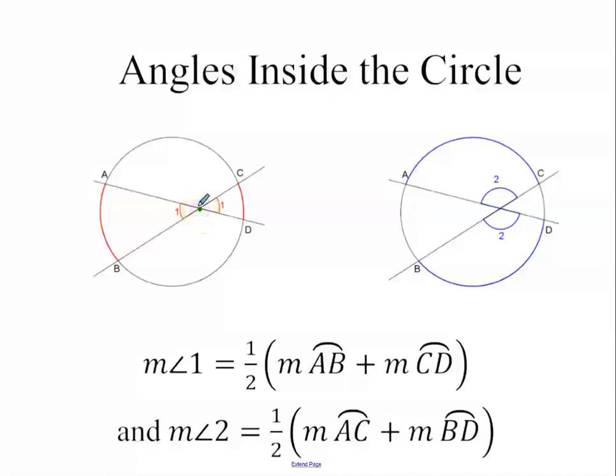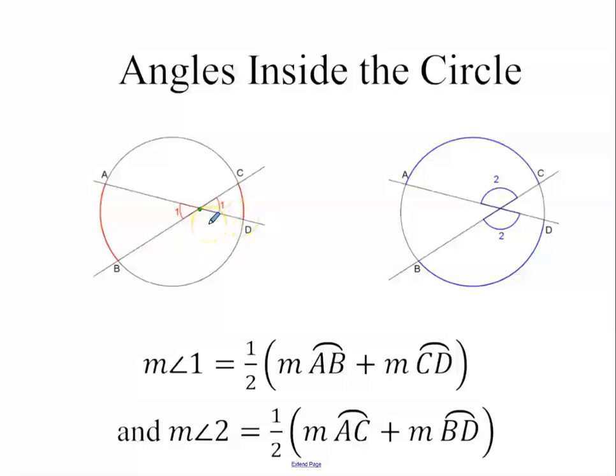Now, I do want to emphasize that this is different than a central angle, because in a central angle the vertex is on the center, whereas these are just anywhere within the interior of the circle. So you'll notice that where that green point is, it's not on the center, it's just inside, somewhere on the interior.